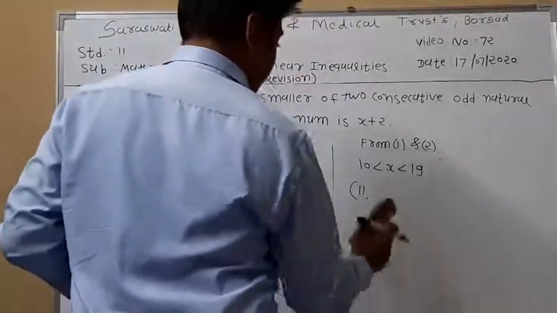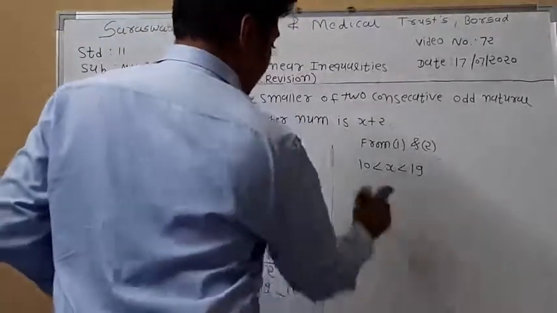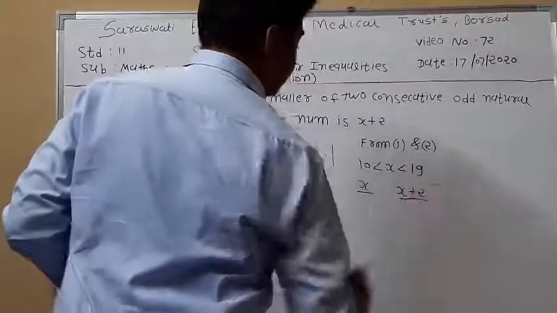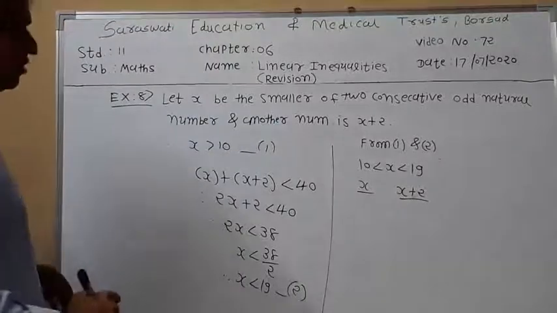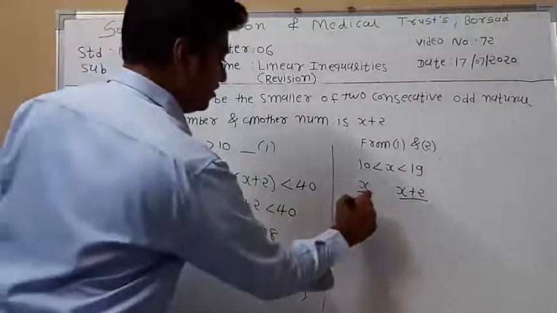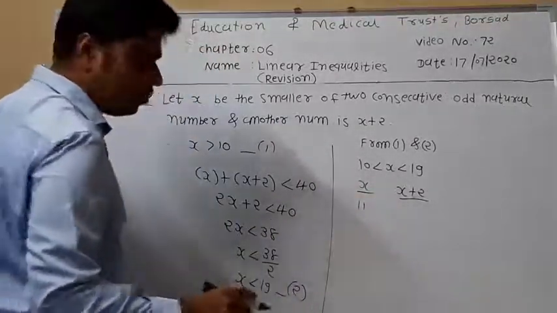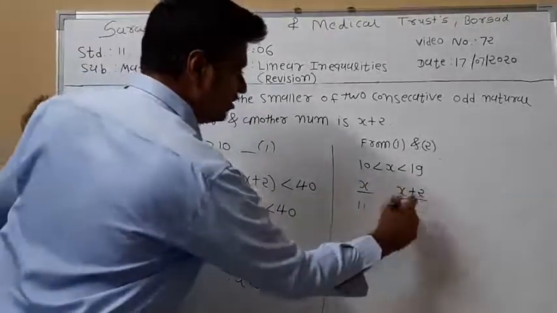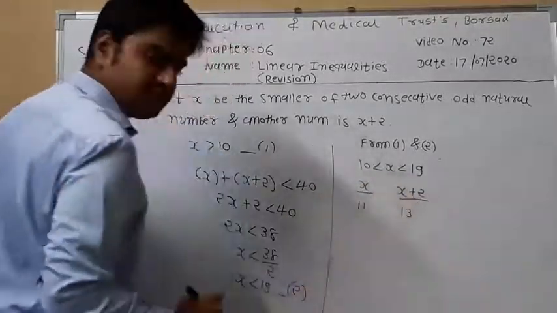So we can write like this: our two numbers are x and x plus 2. One number is 11, an odd number between 10 and 19. The other number is 11 plus 2, that means 13.